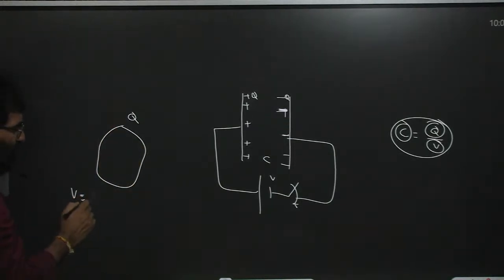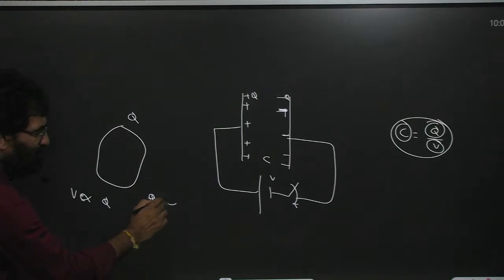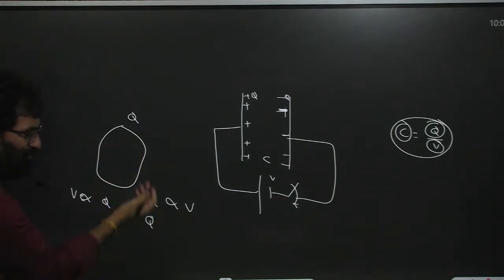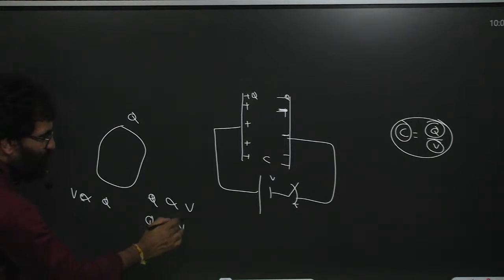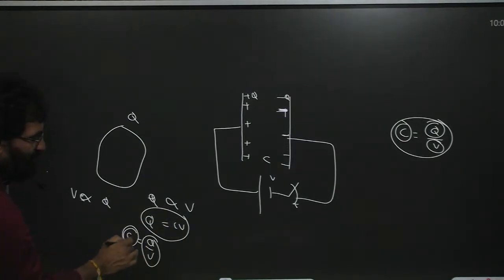Potential is proportional to charge Q. When the charge is more, the potential is more; when the charge is less, the potential is less. So Q is equal to C into V, and C is equal to Q by V. Capacitance is different.